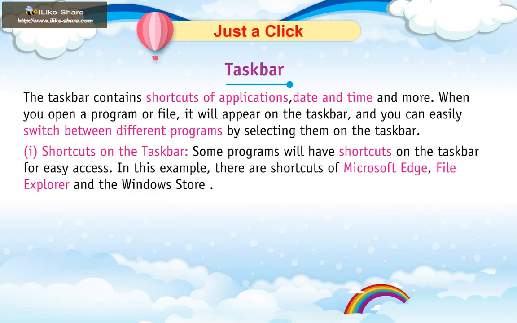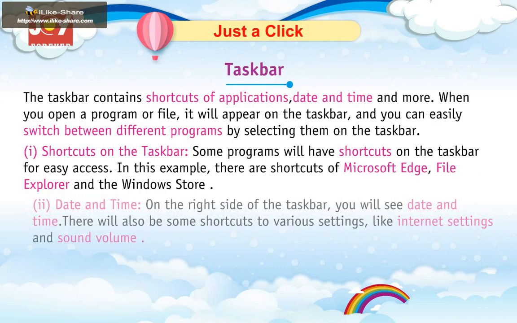Shortcuts on the taskbar. Some programs will have shortcuts on the taskbar for easy access. In this example, there are shortcuts of Microsoft Edge, File Explorer, and the Windows Store.